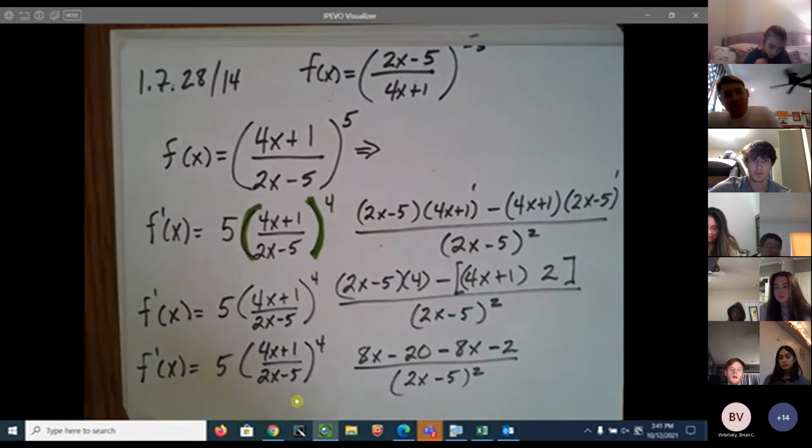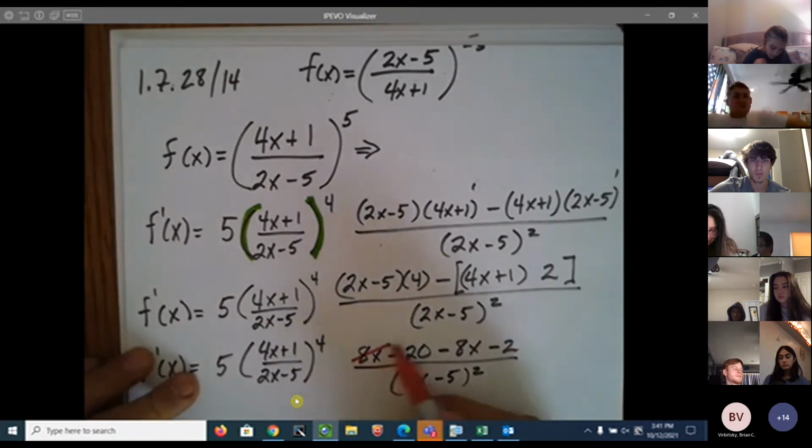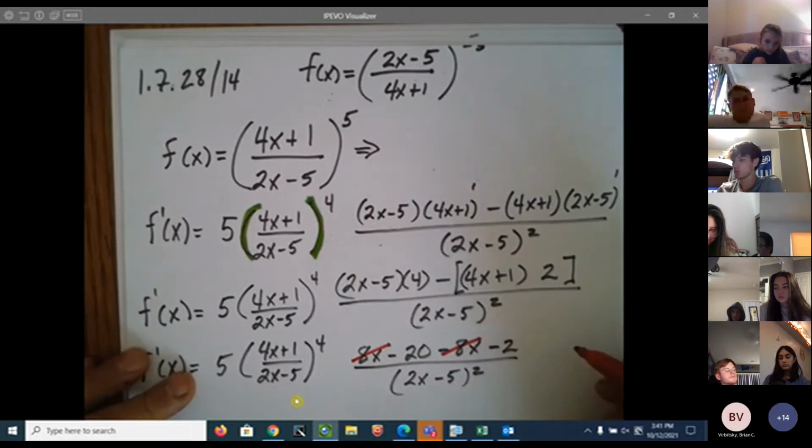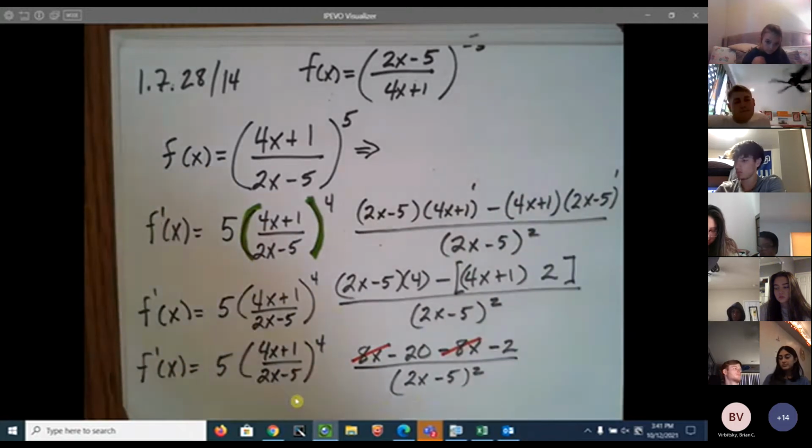The 8x cancel. And the negative 20 means negative 22. So I'm going to go to the next page.